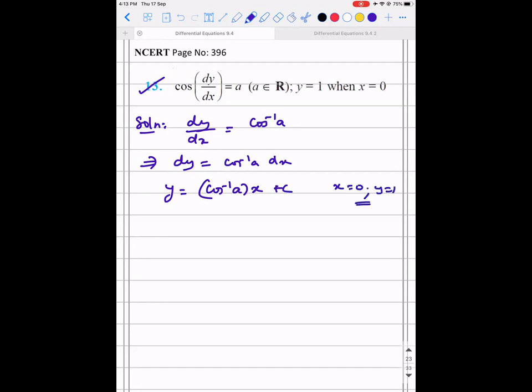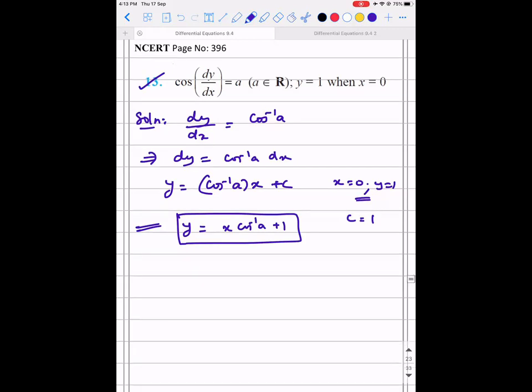Substitute it, get the value of c, and then substitute it back. c is 1. Then y will be equal to x cos inverse of a plus 1. This will be the particular solution. Okay. Then I think I can go a little fast. We'll complete this chapter today.